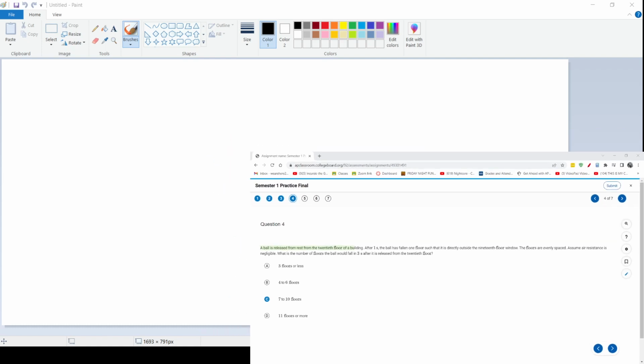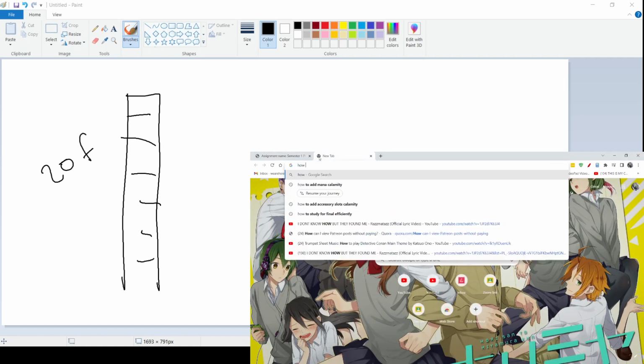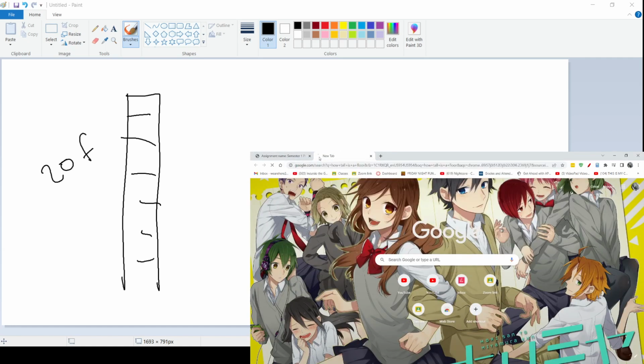Okay, so as you can see here, brushes, color 1, there we go. We're at the building, 20 floors tall. We're going to pull up Google now. How tall is a floor?